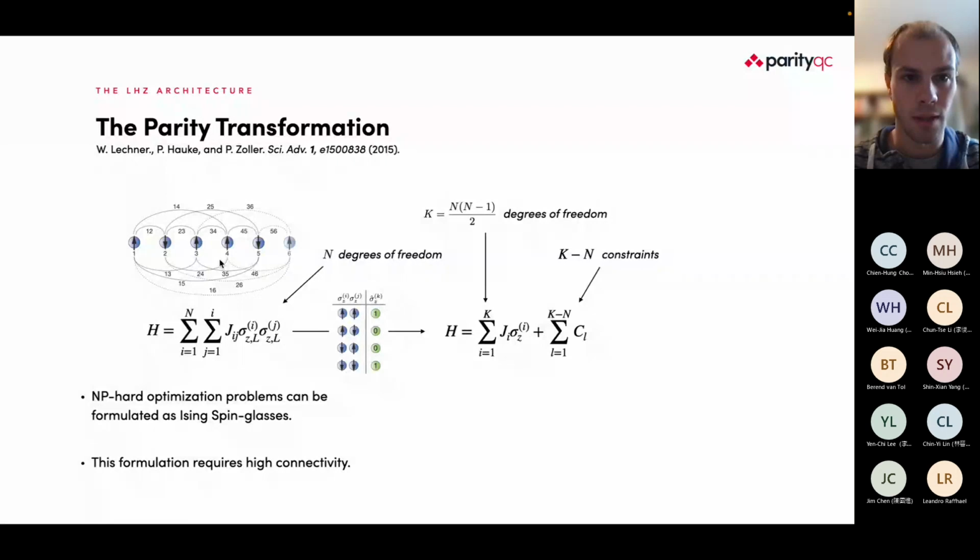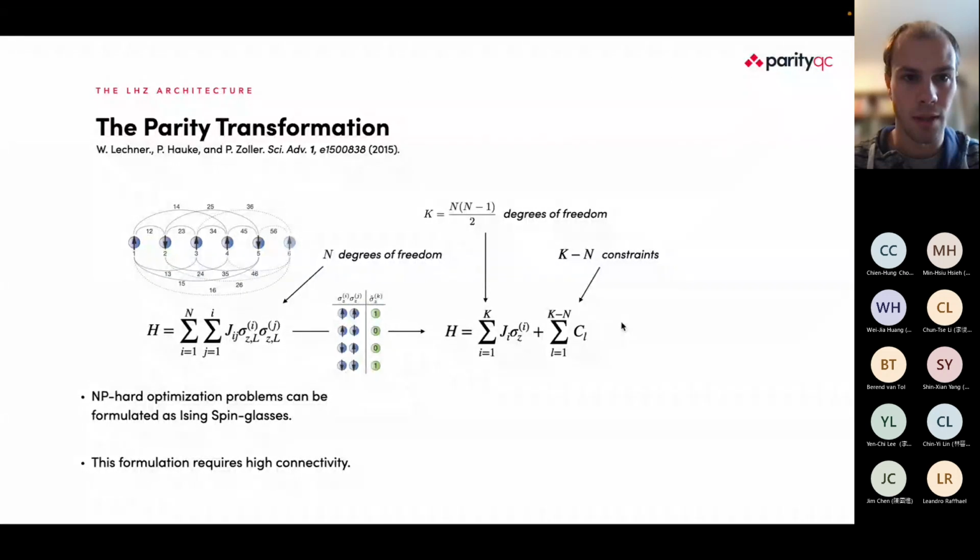And so what's nice now is that we only have those single qubit terms and no longer this long range connectivity. However, in order to reduce the number of degrees of freedom again, such that we have the same number of degrees of freedom as before, we need to introduce k minus n constraints.